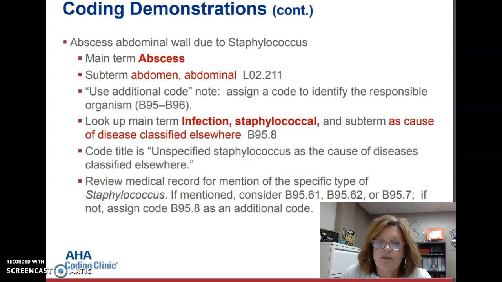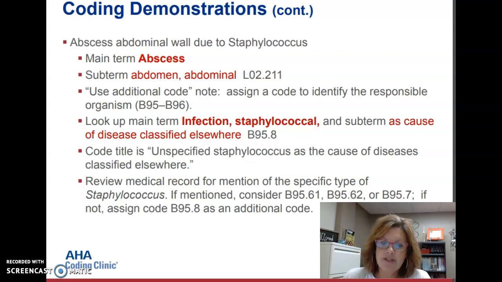Abscess abdominal wall due to staph. Our main term here is going to be abscess. If you had looked up the main term staphylococcus, it's going to tell you see condition. So here we look under abscess, we look at subterm abdomen or abdominal, and it gives us L02.211.